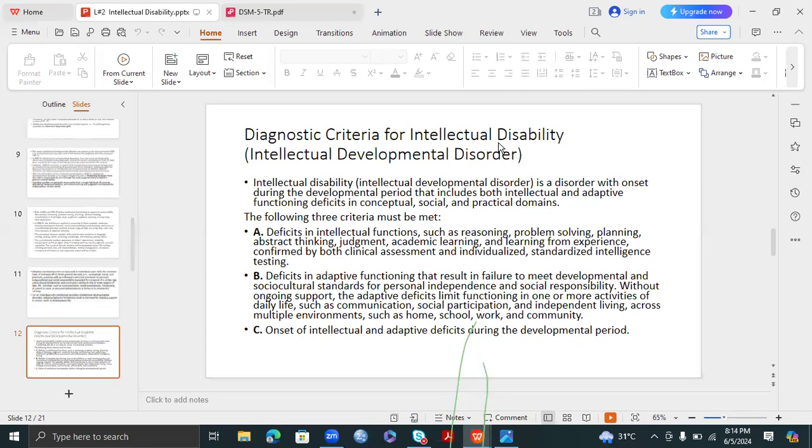That is a very frequent question asked in the vivas or in the interviews, what actually intellectual functioning means. These are the things that are being compared in the intellectual functioning or the individual's performance.